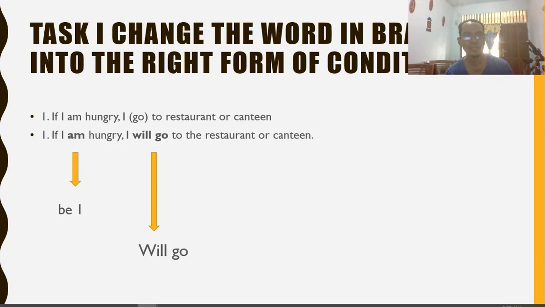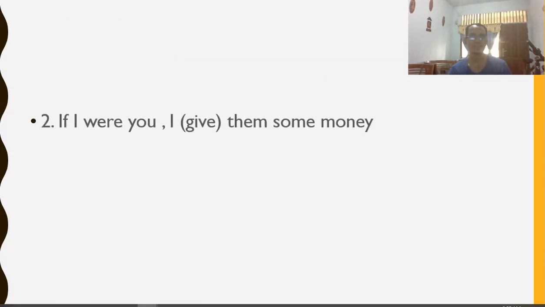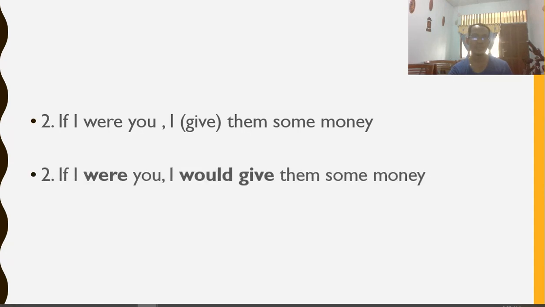Okay, let's go to the next number. Number 2. If I were you, I give them some money. So, is it like this, your answer? Yeah, if your answer is like this, then you have understood conditional type 2. This is conditional type 2. Why? We can see this.